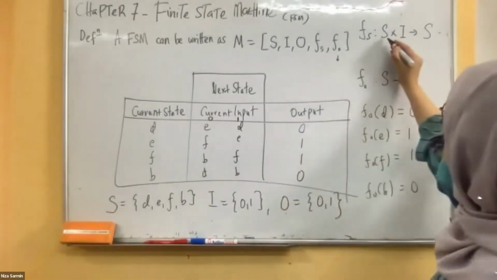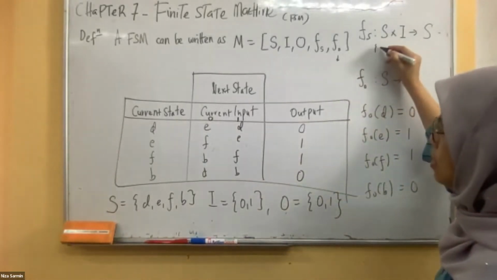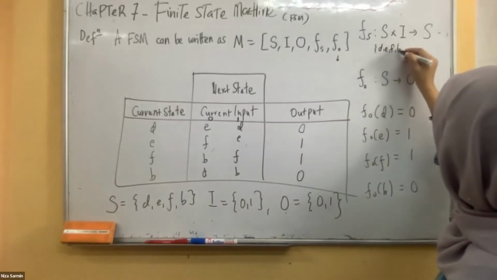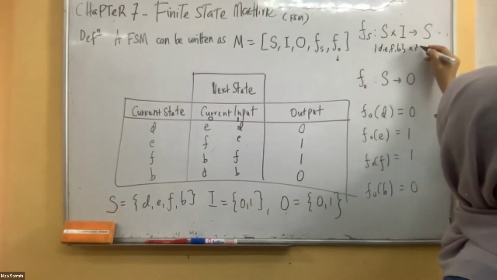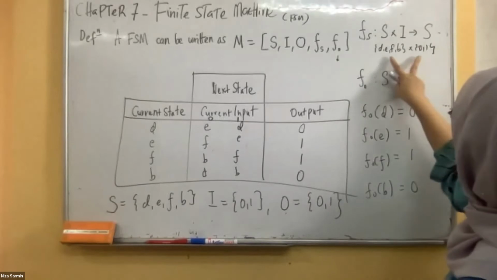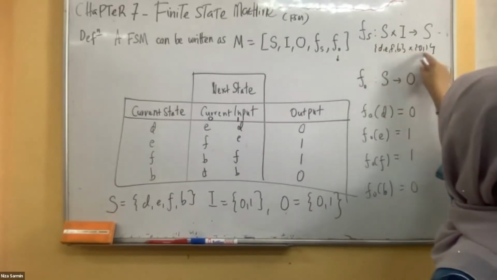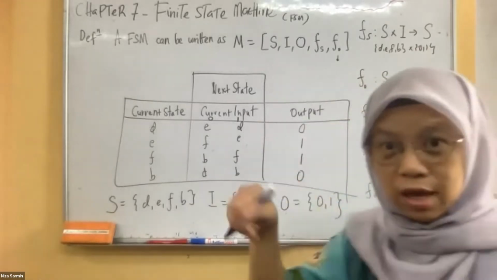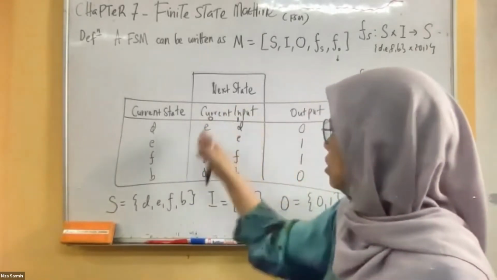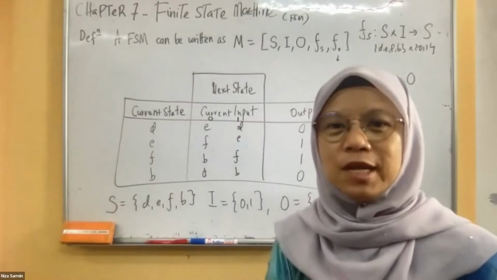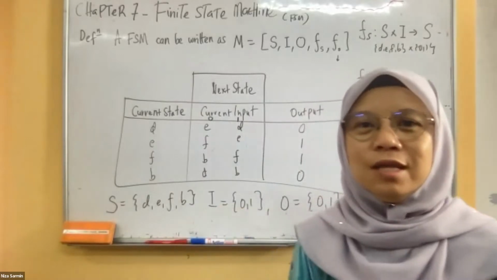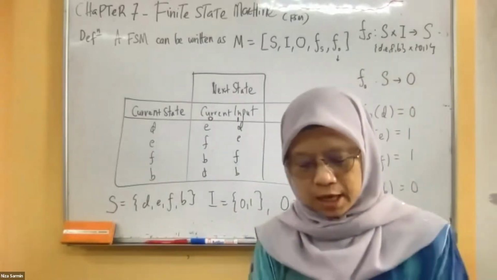Because we have D, E, F, B, and we have 0, 1. So you have 8 of them, D0, D1, E0, E1. And all you have to take, Fs will give you the one inside. That is how you read and write out the finite state machine.